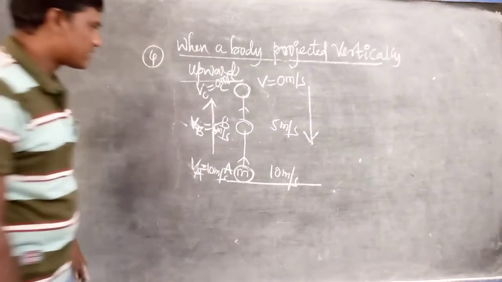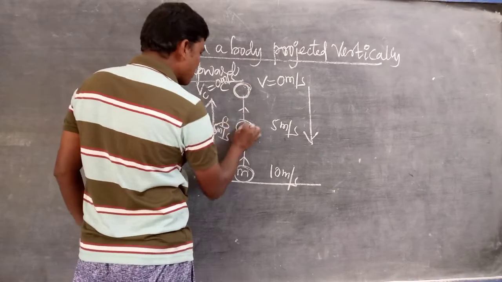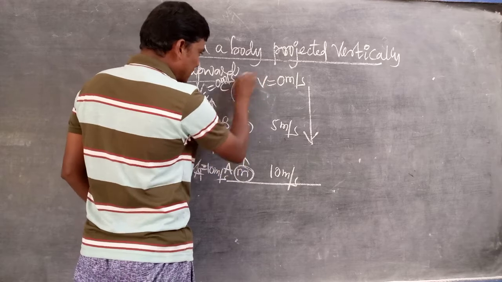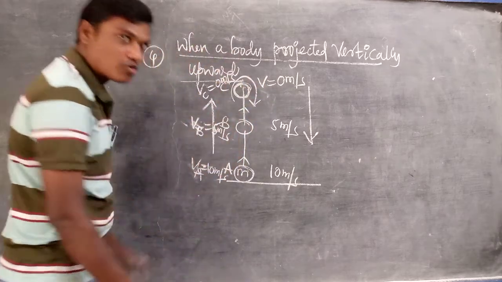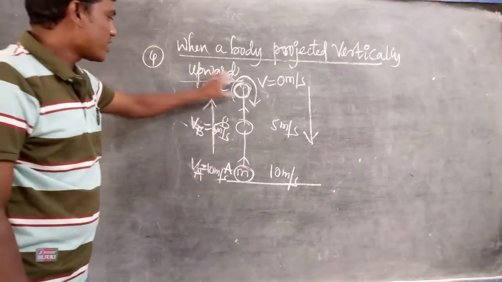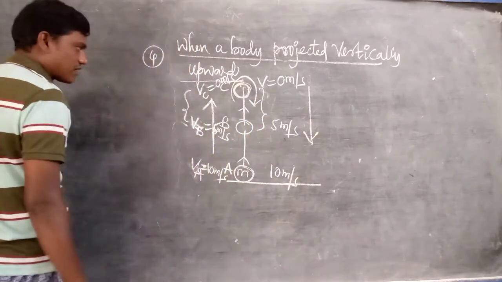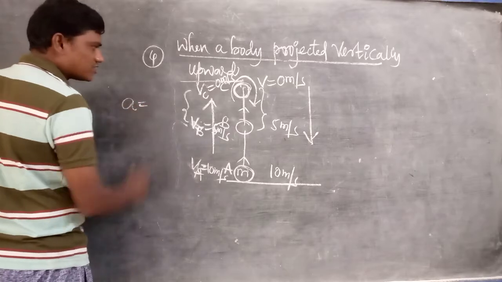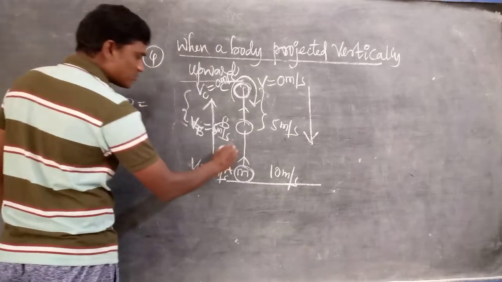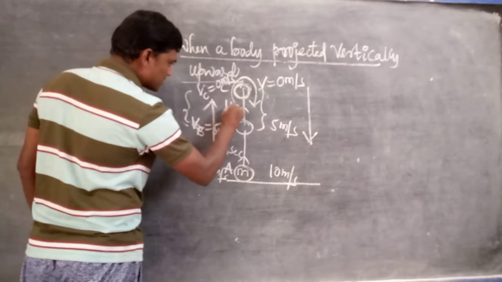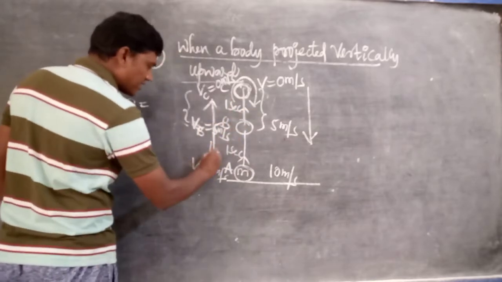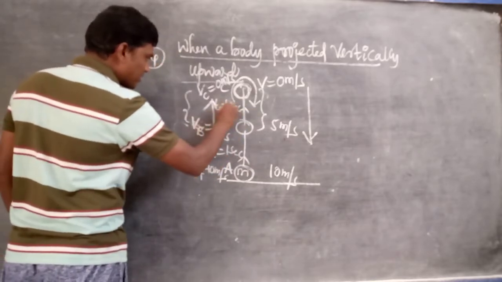You are observing that when the body reaches the maximum height, immediately it turns and comes downward. Now we are observing these two points. What is the acceleration at these points?